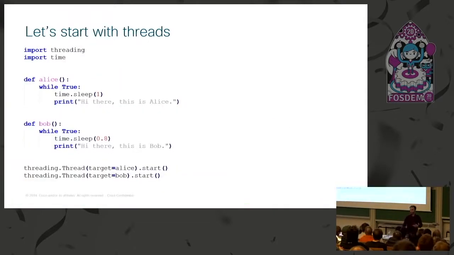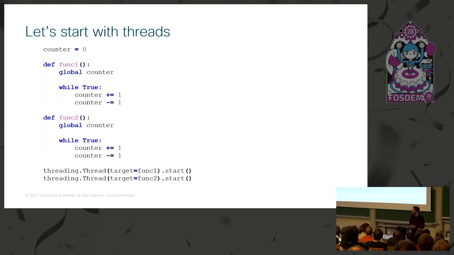Now, things become more complex if these threads have to coordinate with each other, if they have to exchange data somehow. Like, for instance, in this example, you see that there's a global variable counter, and both threads are trying to manipulate that variable. First we are doing an increment, and then we are doing a decrement.